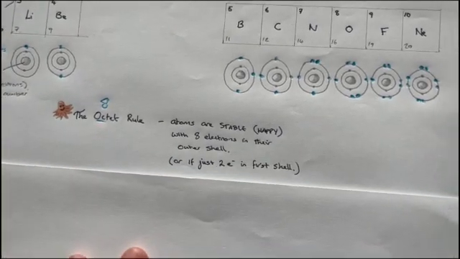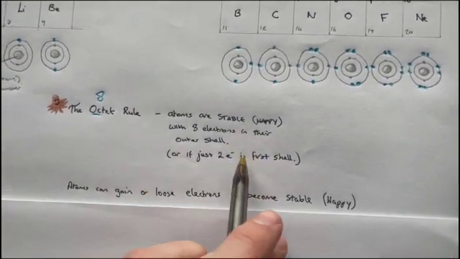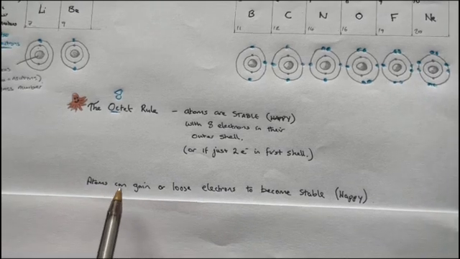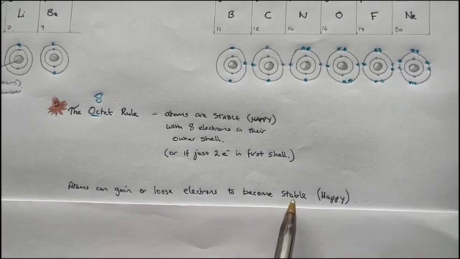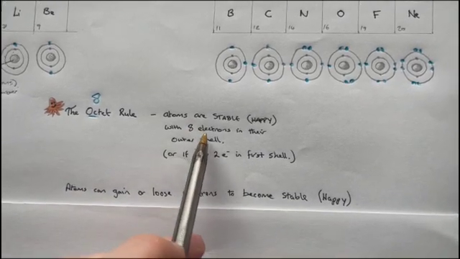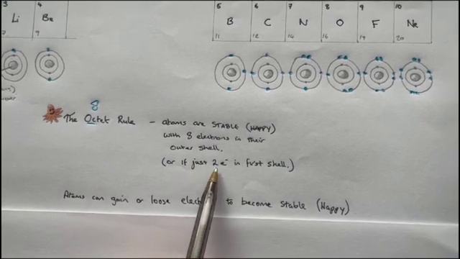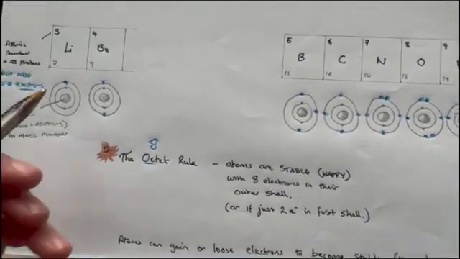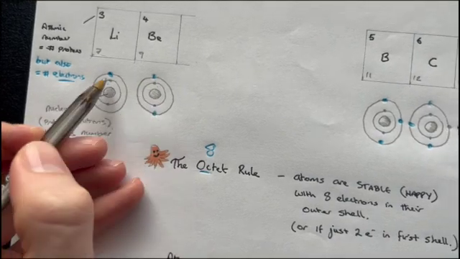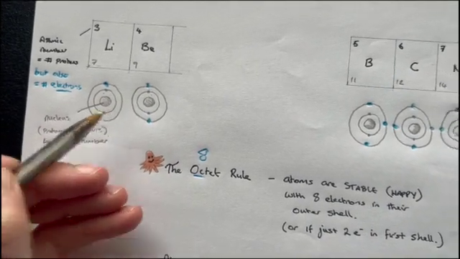The other key point is that an atom can gain or lose electrons to become stable, i.e. to get 8 electrons. There is an exception, which is that if there are just 2 electrons in the first shell, so that's why I had drawn these ones first, then it can also be stable.